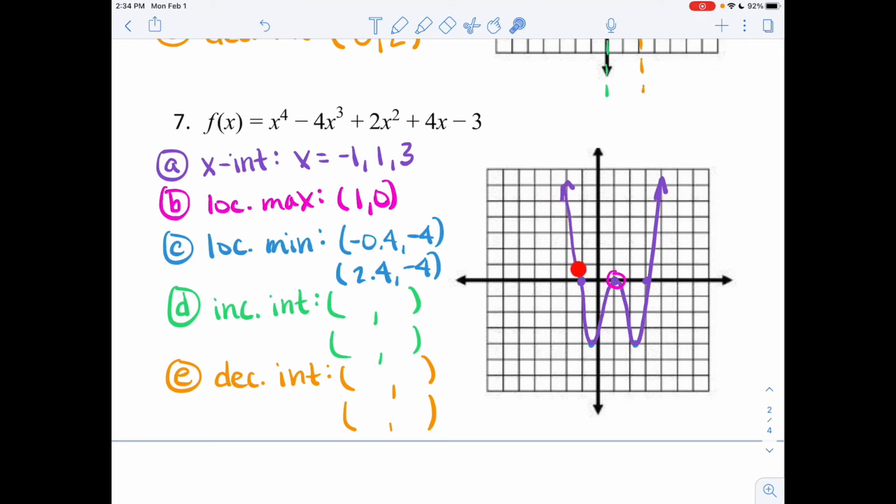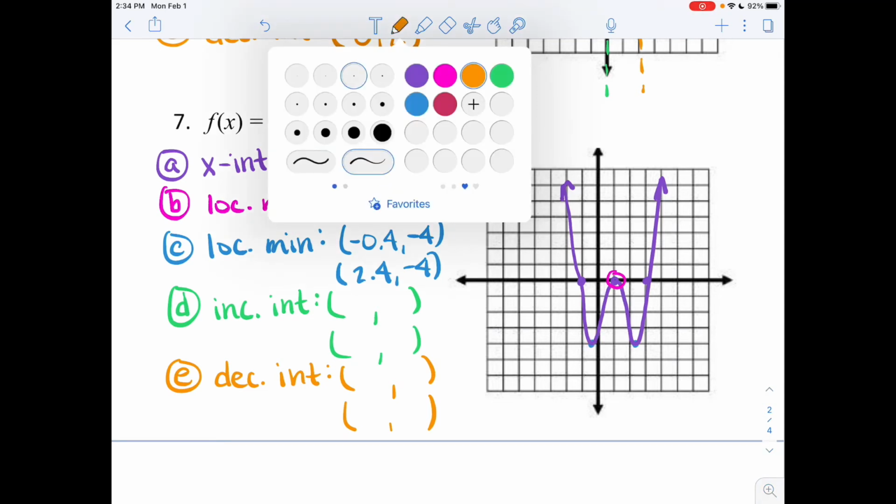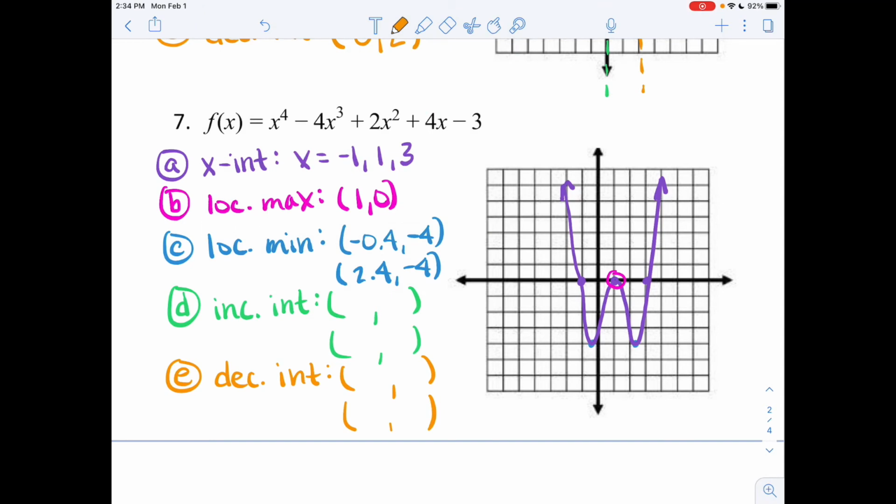I am decreasing first until I hit that point at an x value of -0.4. So starting at -infinity, because that's where we always start, we are decreasing, and then we turn at -0.4. Once I do that, I am increasing.